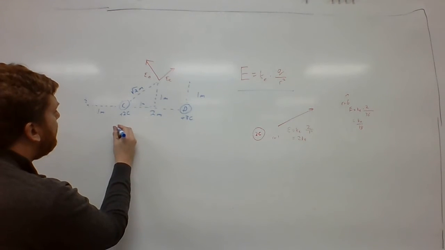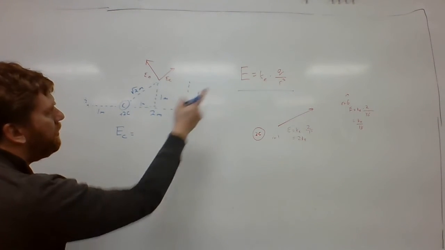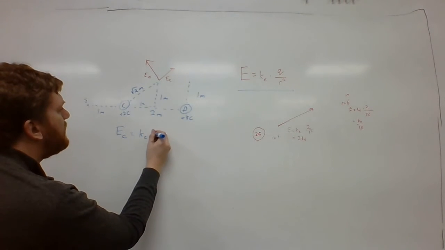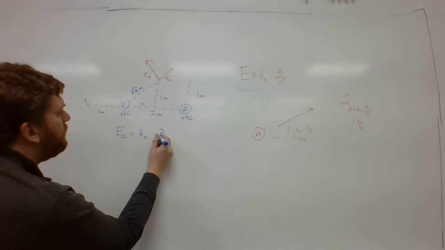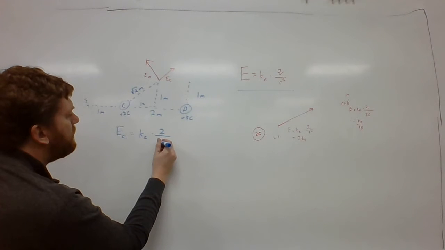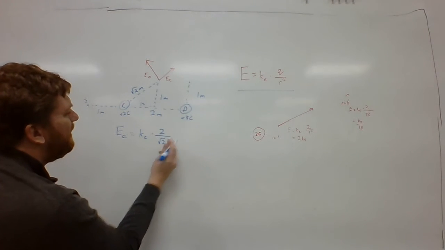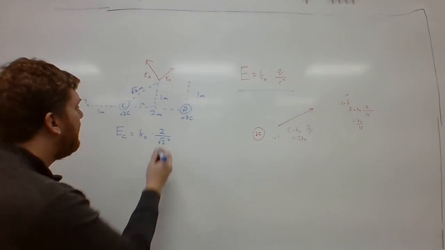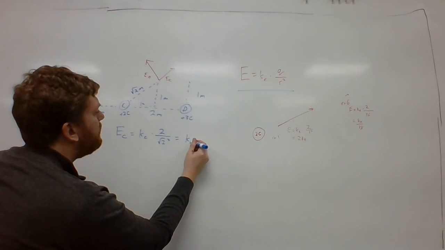The electric field due to C then, we'll use that equation, is k sub e times q, my source charge, which is 2, over r squared. That's √2 squared, which is just 2. And so the electric field due to C is just k sub e.